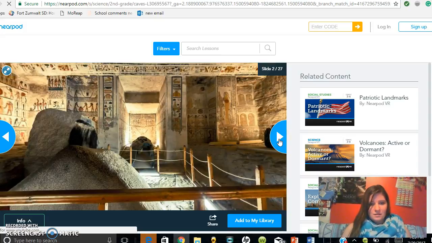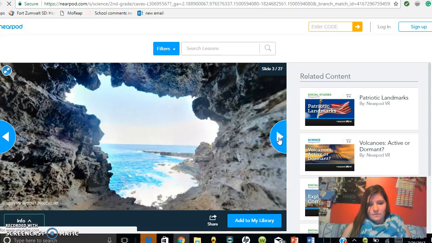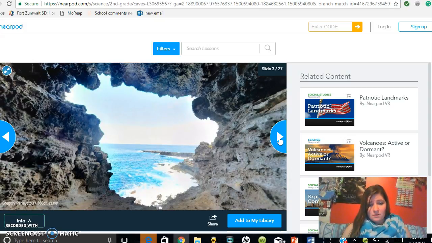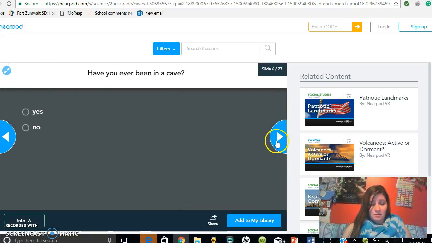So here's some of, this is Egyptian caves. This is looking out into the ocean kind of cave. Then you got teacher notes that tell you what the lesson context is and how long it should be. This one would be 15 to 30 minutes. Have you ever been into a cave? So this gives you a poll. So if your students have, they get the choice.